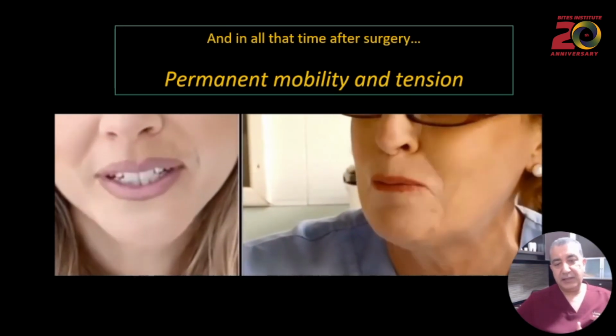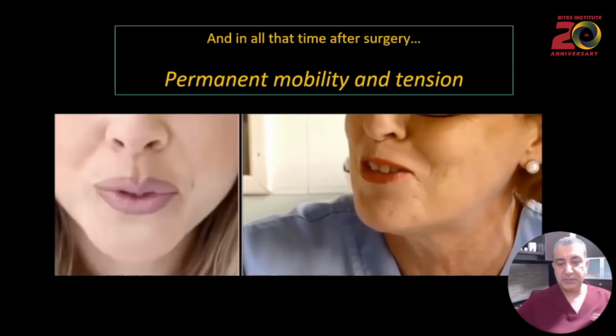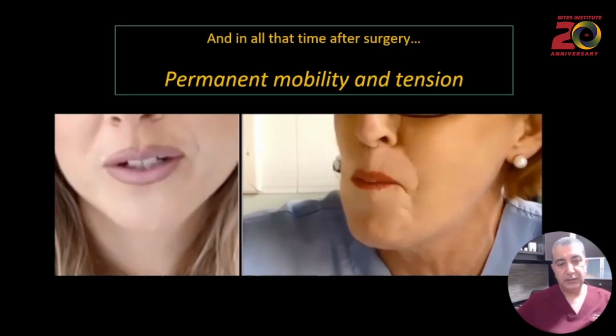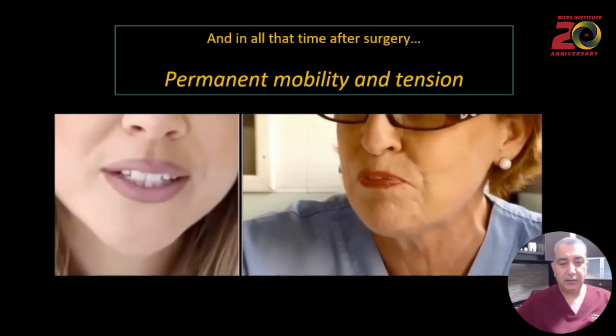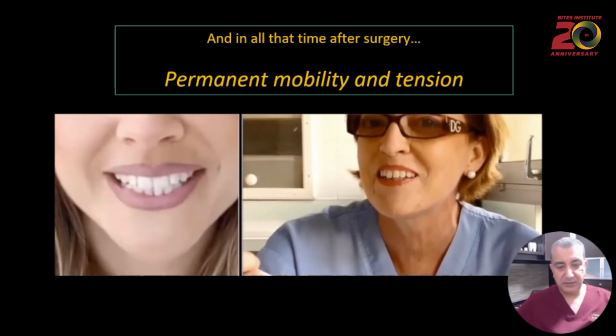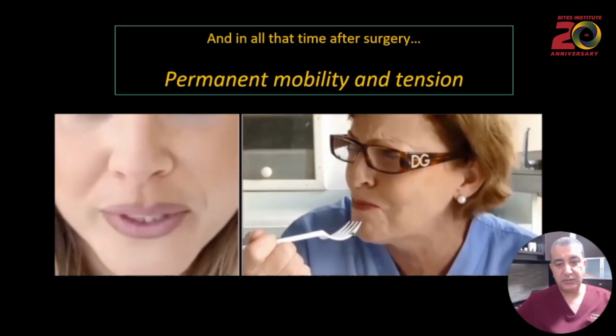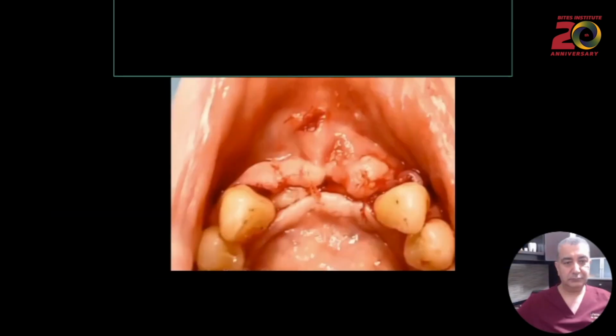And now we know that all that time after surgery, there is permanent mobility and tension because people keep talking, eating, smiling, coughing. All these activities are continuous, and there is permanent mobility and tension which we have to address. So what's the rule here?